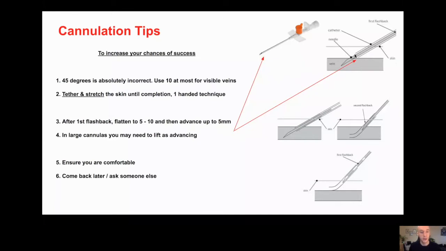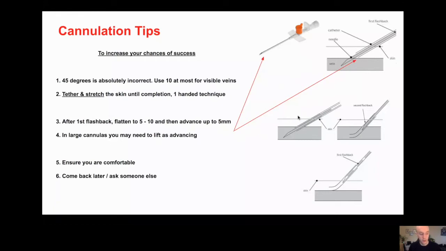So the reason that we teach that you have to flatten and then advance is that you also have to get this plastic bit inside the vein before you advance the plastic. So just to go over that again, once you've got the needle in, you have to flatten and advance so that the plastic actually gets into the lumen.